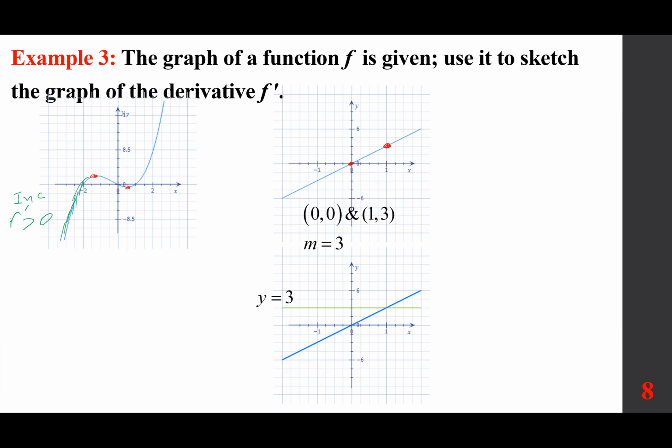F prime is positive, and that means above the x-axis. Okay, that means basically above the x-axis. So I'm going to graph it and erase it. Okay, so it's above the x-axis.